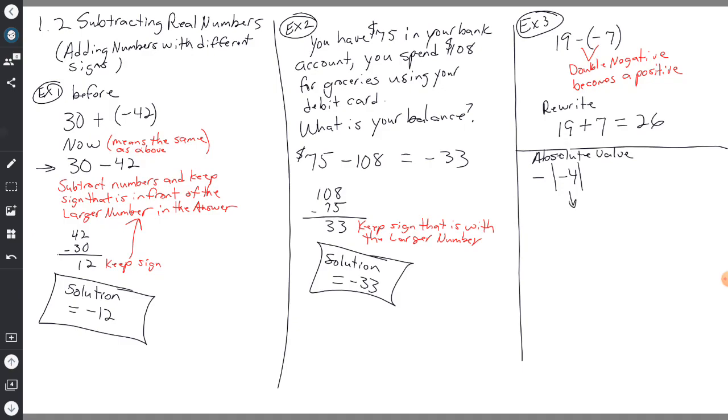With absolute value, we have to take the absolute value first, and then drop down what's on the outside of it. So you cannot use the double negative rule with absolute value.